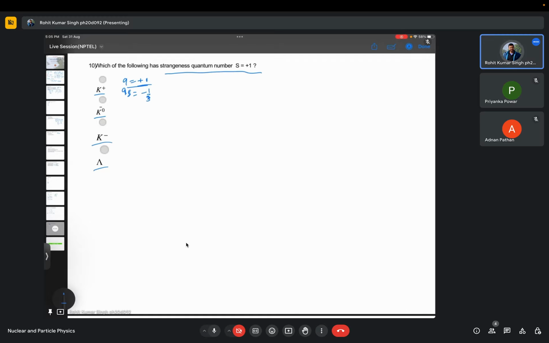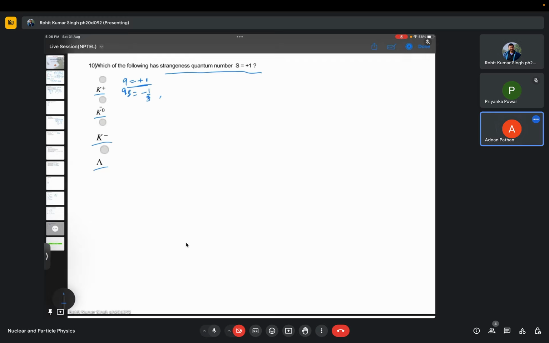So what would you put in order to get a plus 1 charge? You can put a U. But whatever quark you put here, you will never get plus 1.